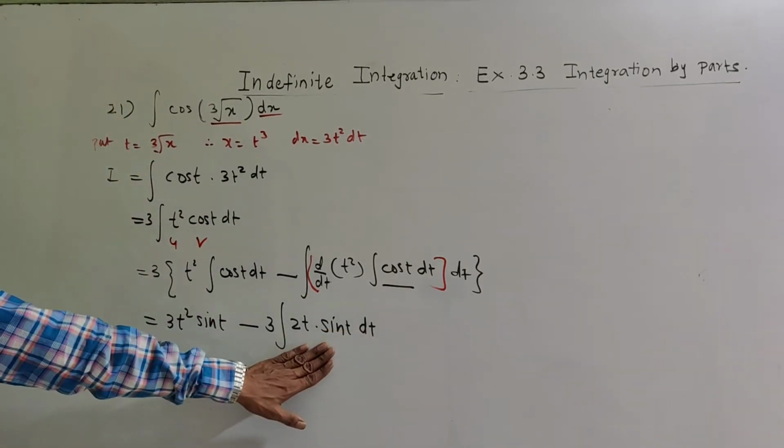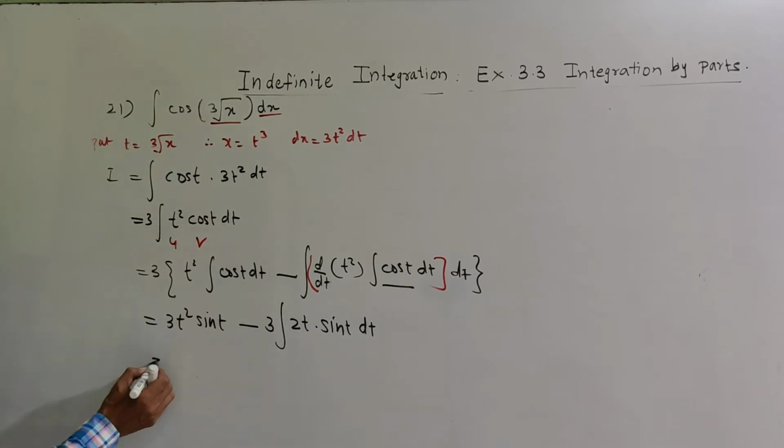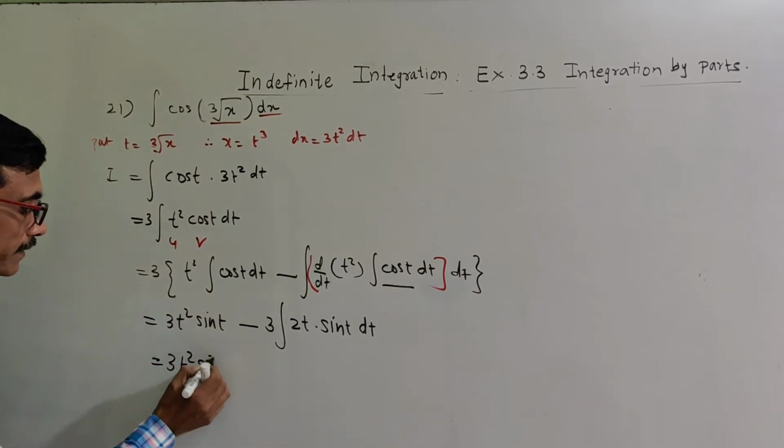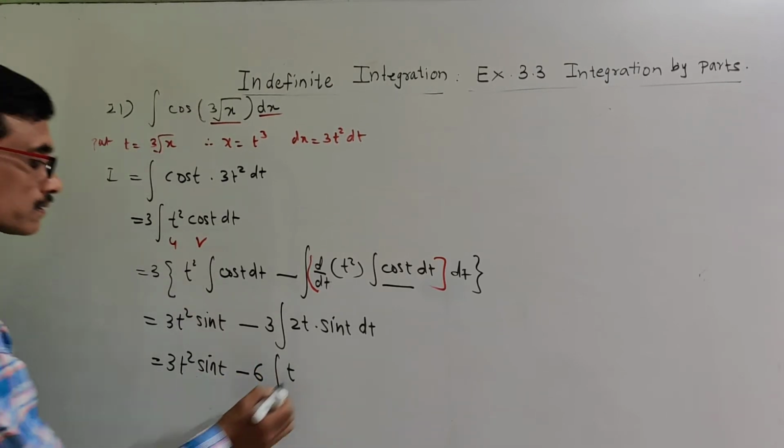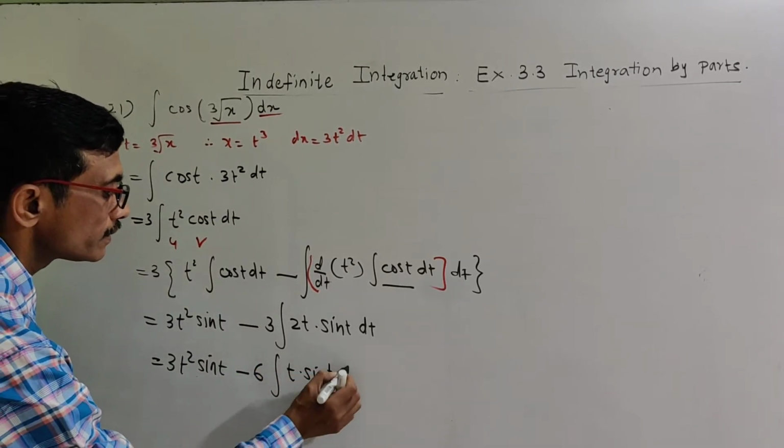Then again this we integrate by parts, because it is of the form 3t square sin t minus 6 integral of t sin t dt.